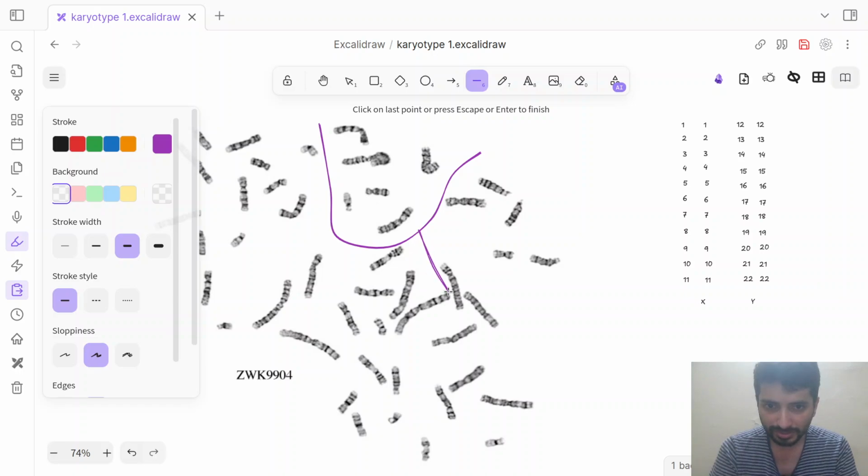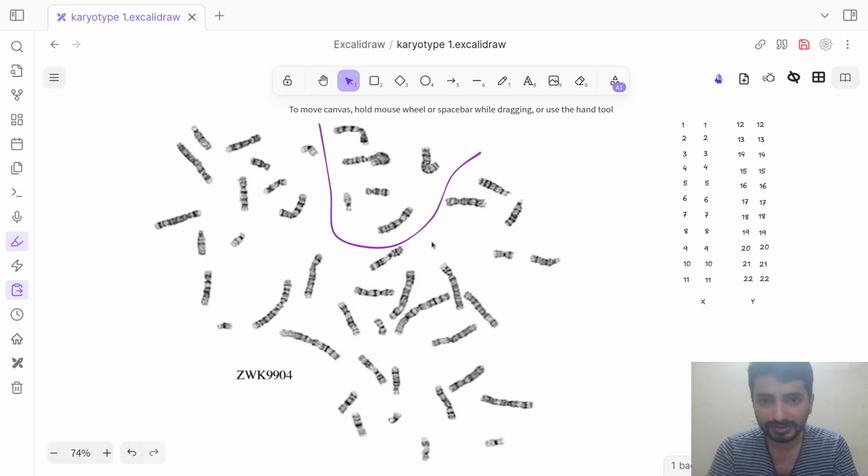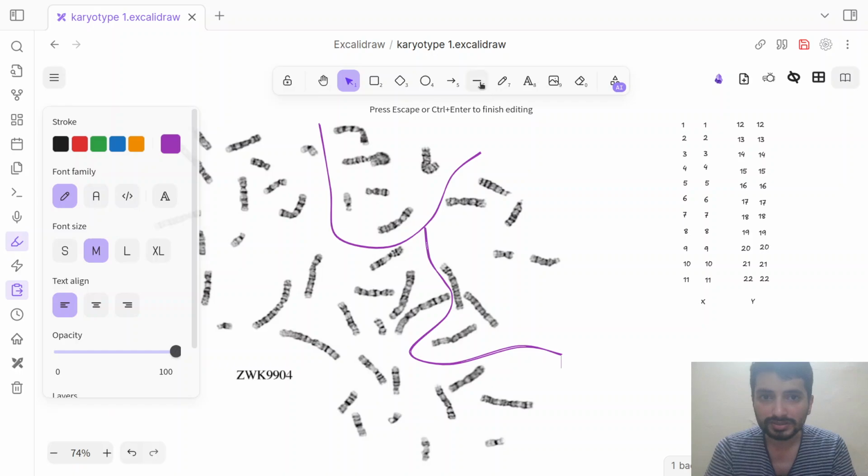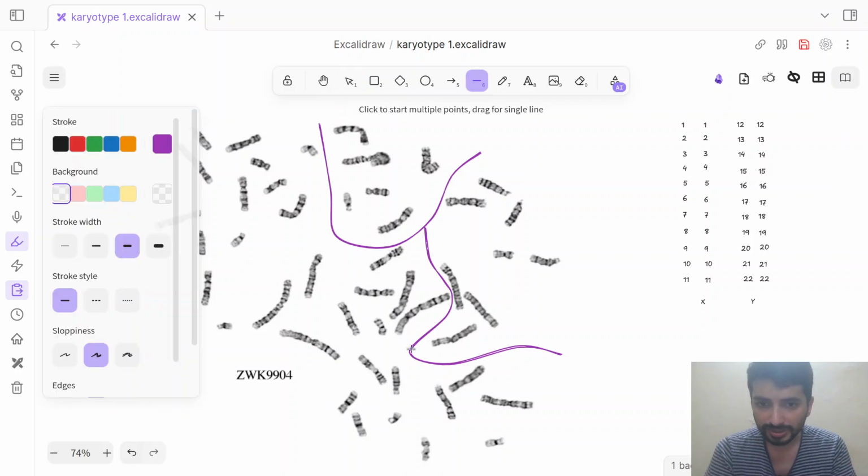There's no rule to this, but in general try to have these sectors with roughly equal number of chromosomes in each, so that counting is easier. Apart from that, there is no other rule for this particular activity.